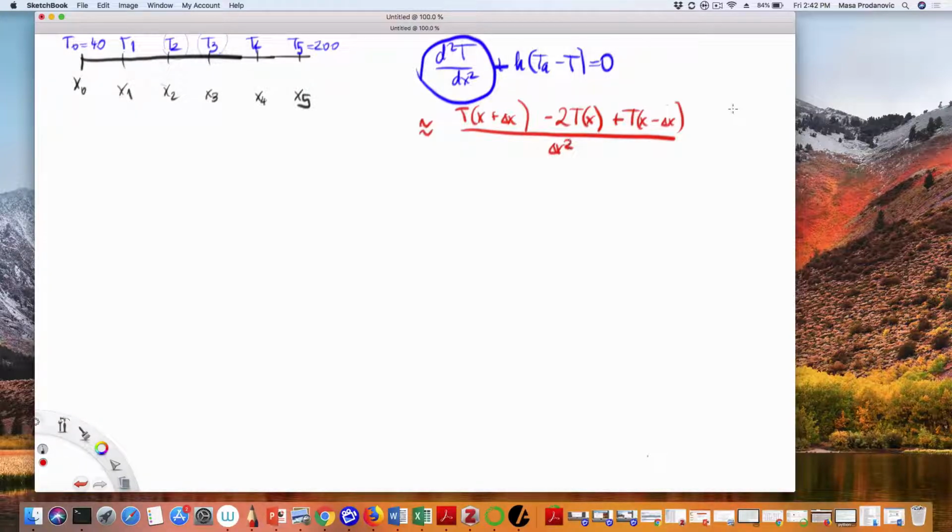This is the so-called central difference for d squared t dx squared.